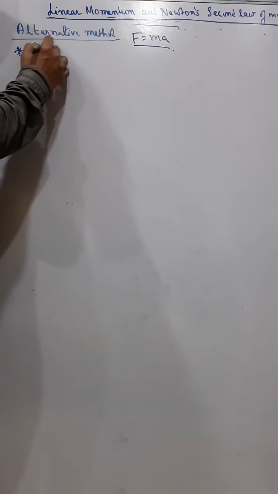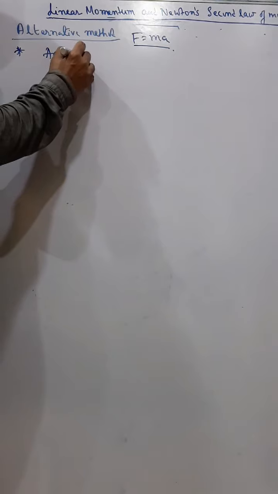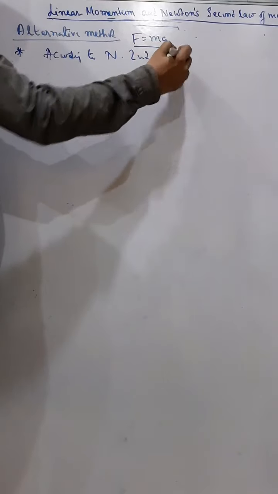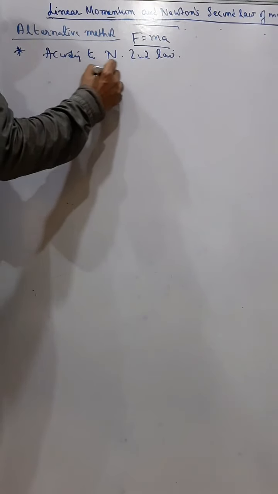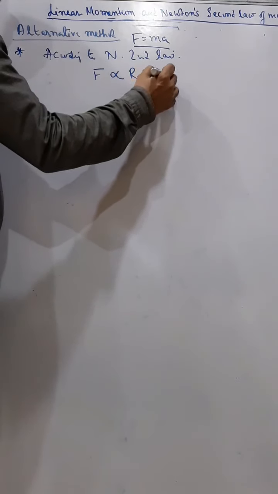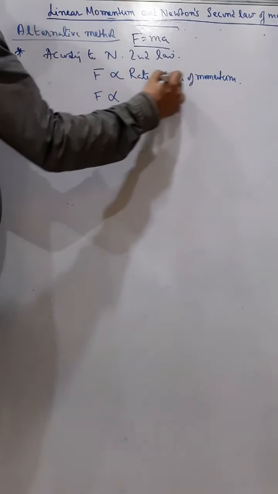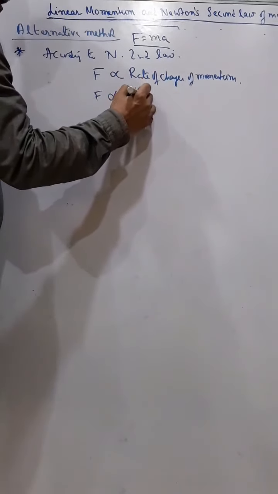Now again, according to Newton's second law, I'm writing in short: force is directly proportional to the rate of change of momentum. Okay, that means force is directly proportional. Rate of change of momentum means what?